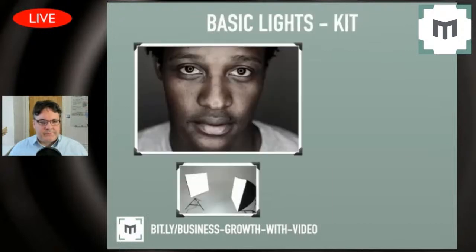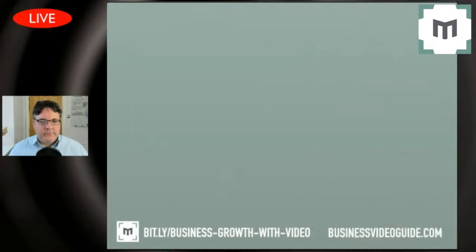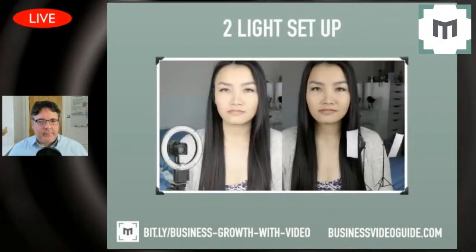In terms of the two light setup, you can see here, you've got a side-by-side. On the left-hand side, this is a lady who has been lit with a ring light setup. Now, cast your mind back a couple of seconds ago to that gentleman stood in shadow in front of a bright background.